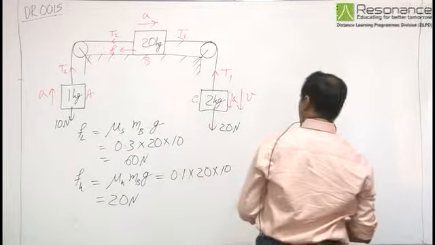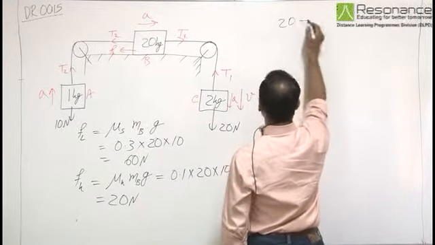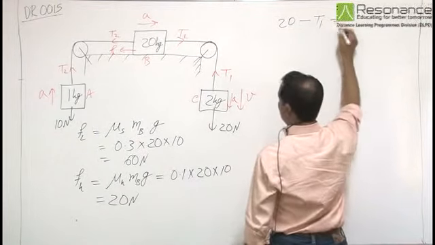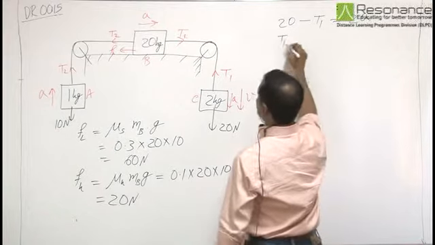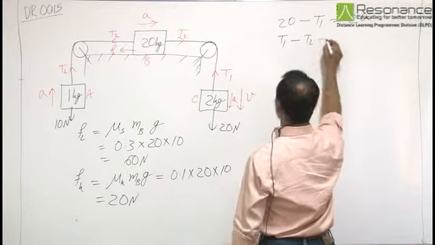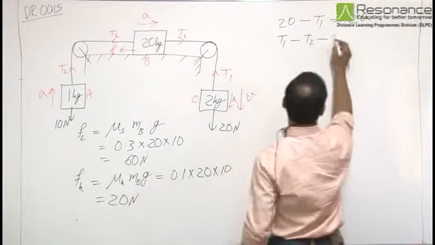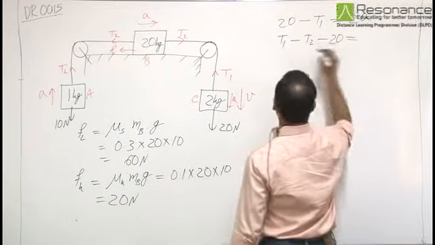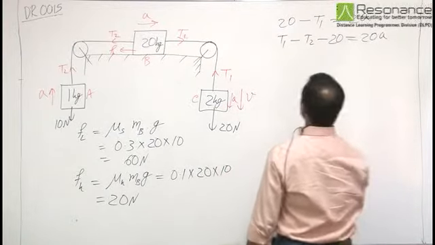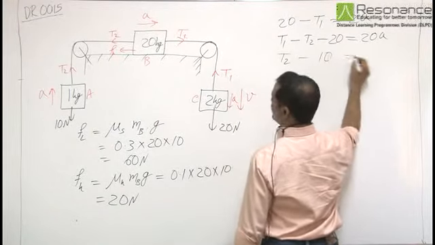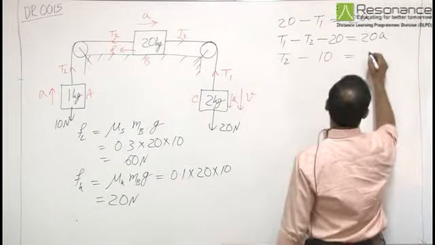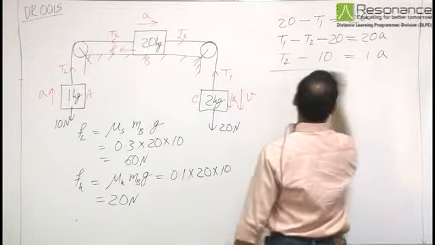So we can write 20 minus T1 is equal to 2A. T1 minus T2 minus the kinetic friction 20 Newton is equal to 20A, and T2 minus 10 is equal to 1A.